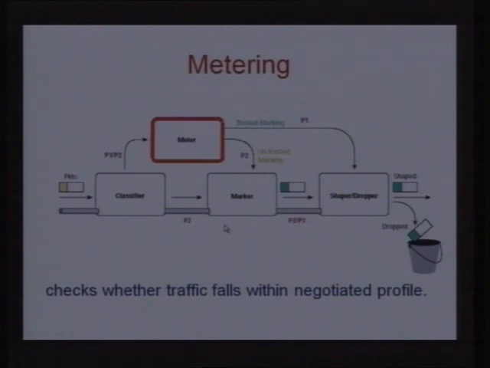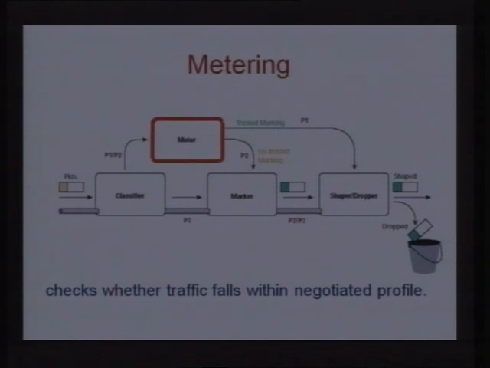Once the packet has been classified, we also need to know whether the source, the host or the application is sending their packets at the agreed rates or not, whether they are crossing their limits.